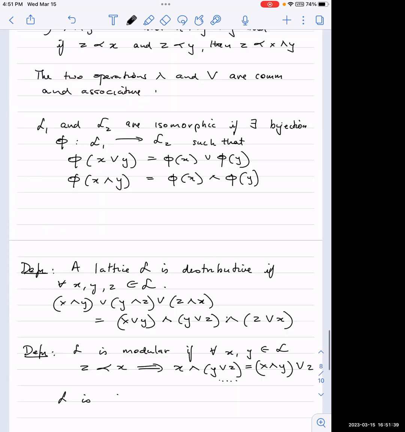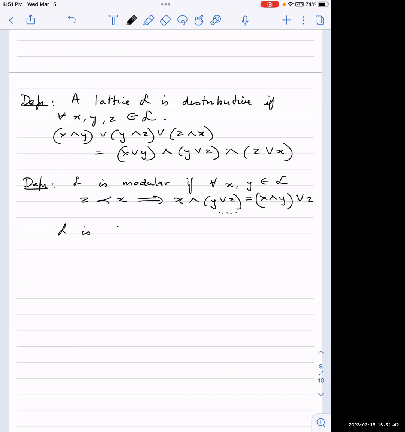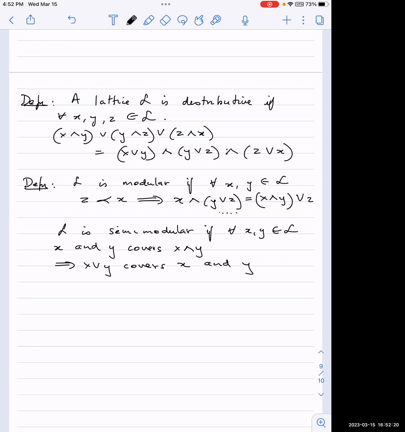And in this approach, L is semi-modular if for every X, Y in L, X and Y covers implies X or Y covers, sorry, sounding a little tongue twisting here, X and Y.